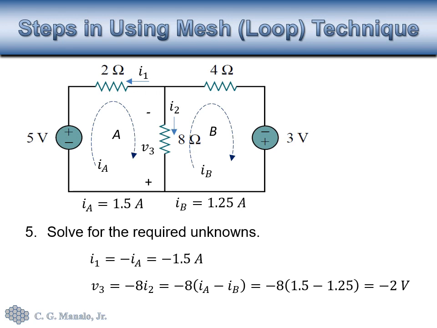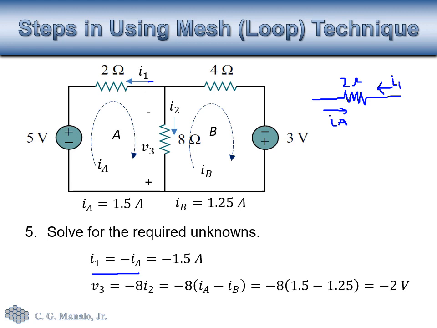So for I sub 1, that would be negative I sub A, or equal to negative 1.5. So let me explain why that is so. This is the 2 ohms, and we know that the mesh current that flows through there is I sub A in the given direction, and what we're looking for is the actual current that flows, represented by I sub 1, in the given direction.